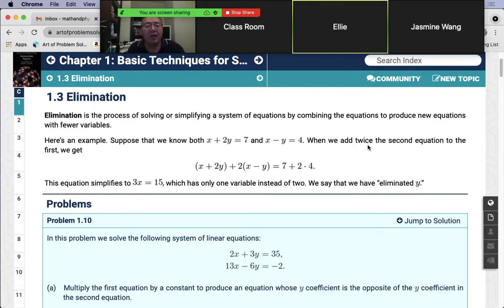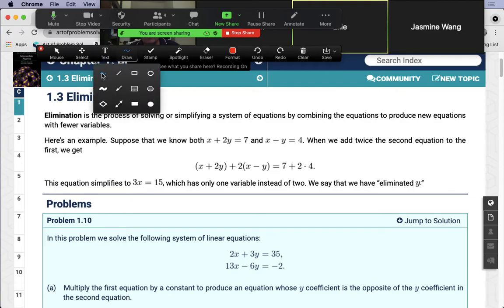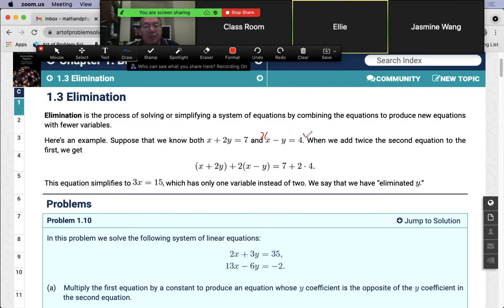When we add twice the second equation to the first, that means you multiply both sides of the second equation by 2.